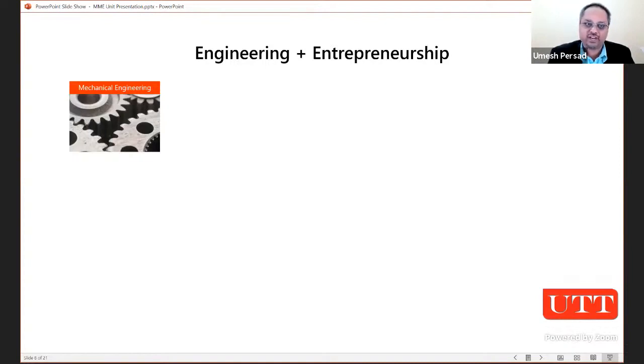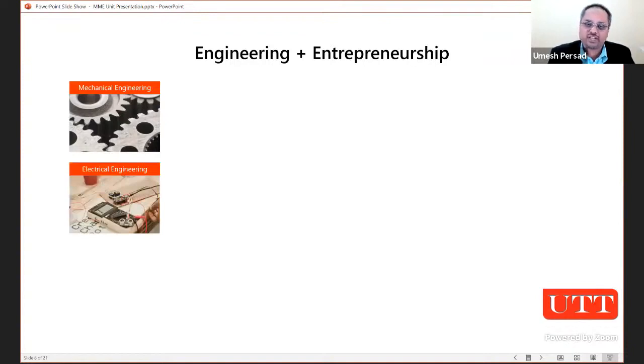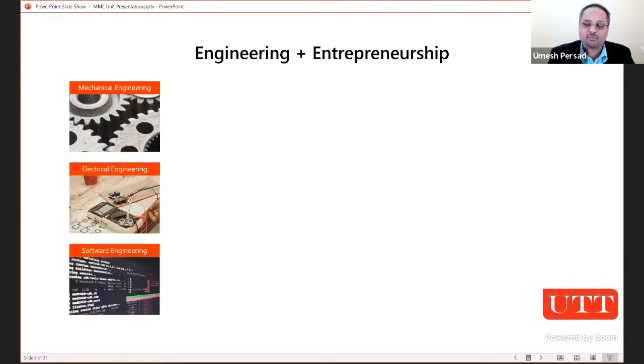First, mechanical engineering, the design of physical things. Secondly, electrical engineering in terms of how you control physical products, you make them smart. And third, software engineering. As you're well aware, everything nowadays is software driven via microprocessors, artificial intelligence, etc. And this is also a major component of our program.